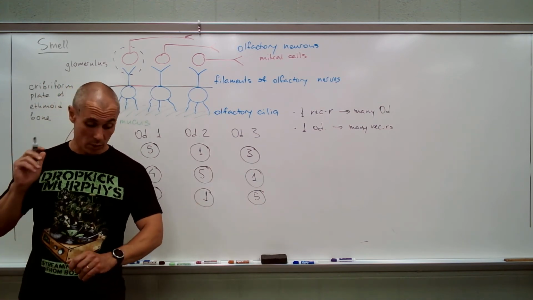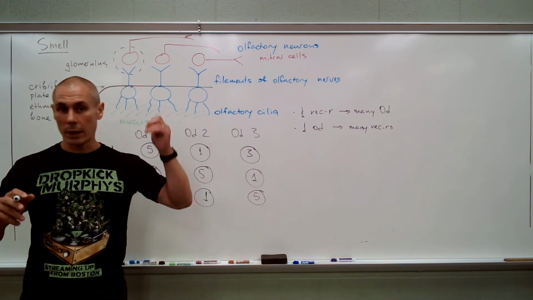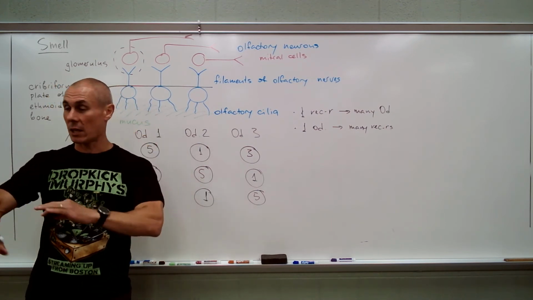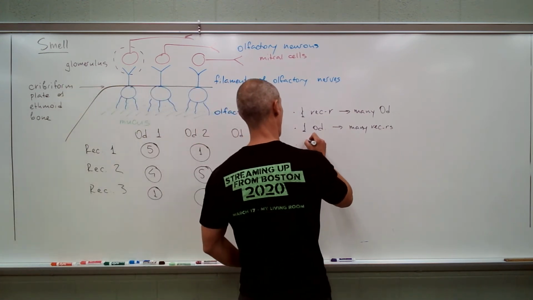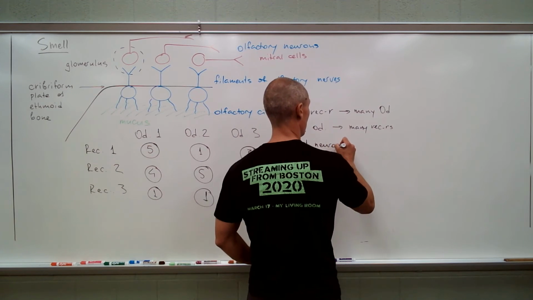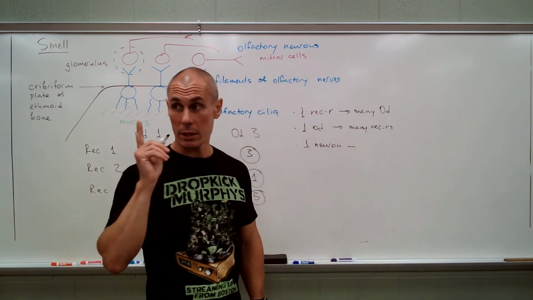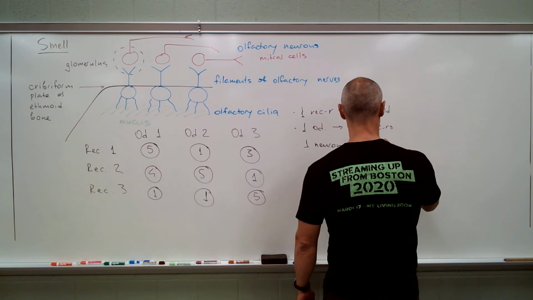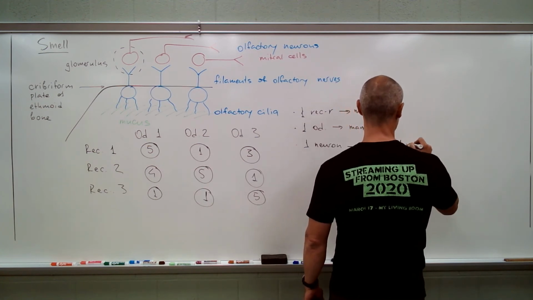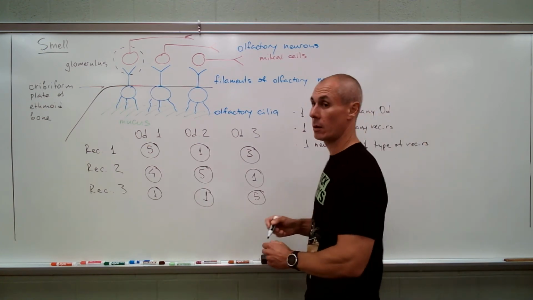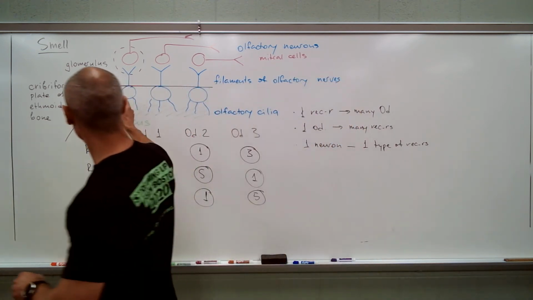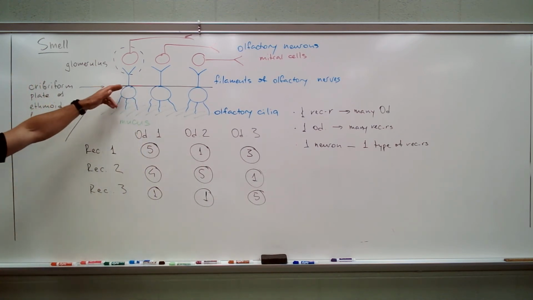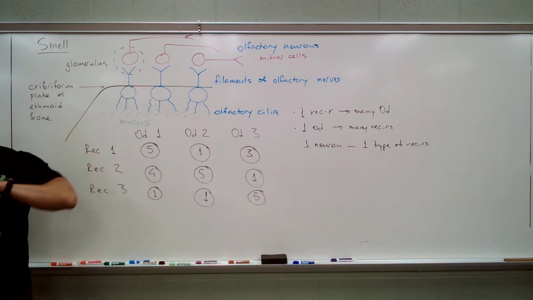Now I'm going to tell you one really, really important thing. No, it was important too. That thing that I'm going to tell you is also important. Okay? Here's the thing. One neuron carries only one type of receptor. Does that make sense? So for instance, this neuron may carry only receptor 1, this only receptor 2.